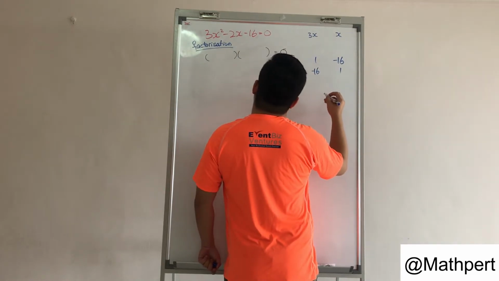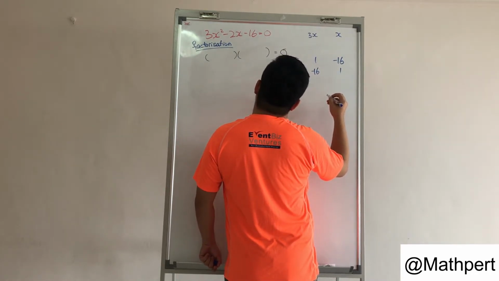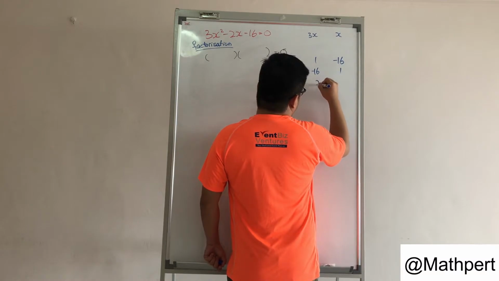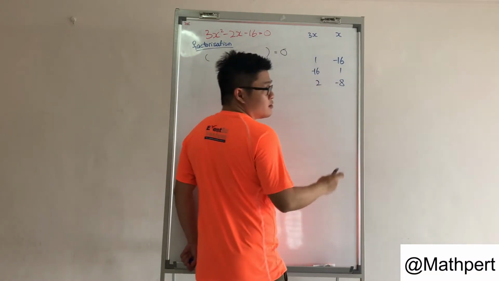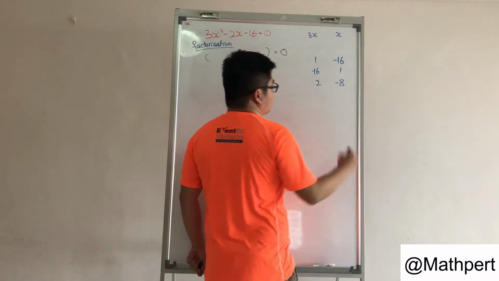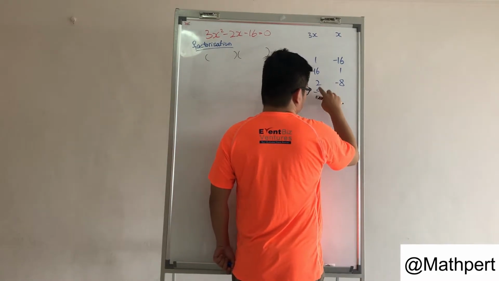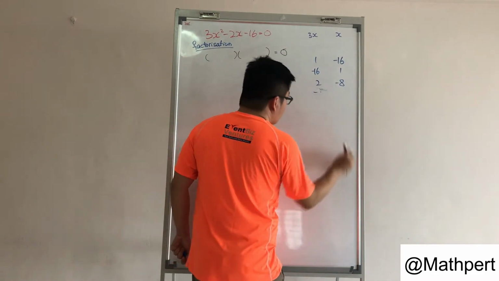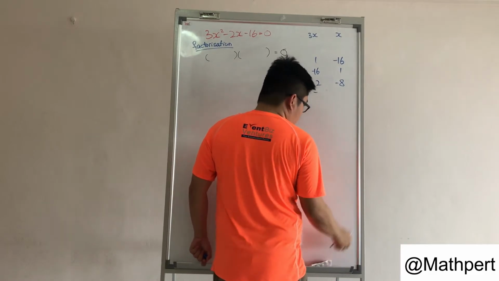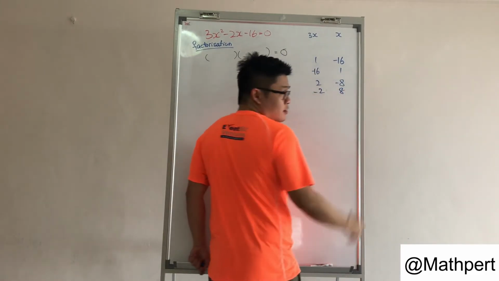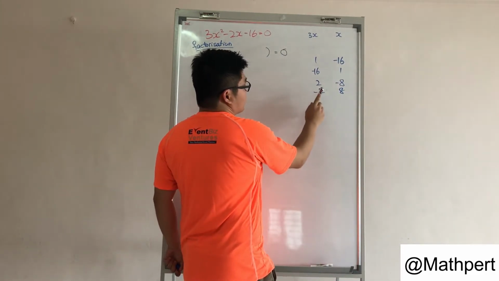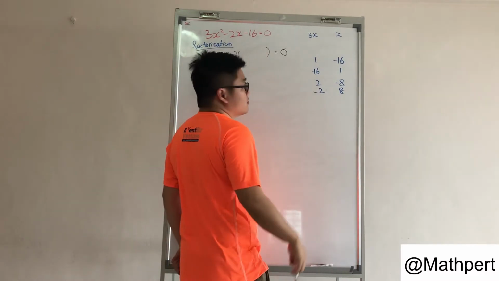We can also get 2 multiply negative 8, or negative 2 multiply 8, which is negative 16.